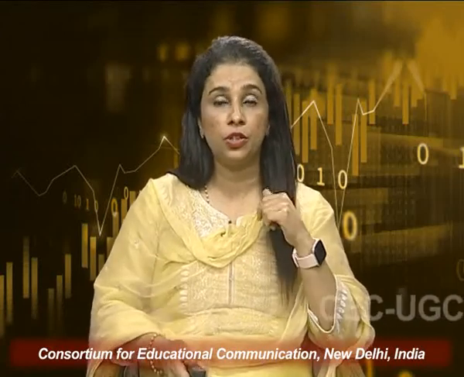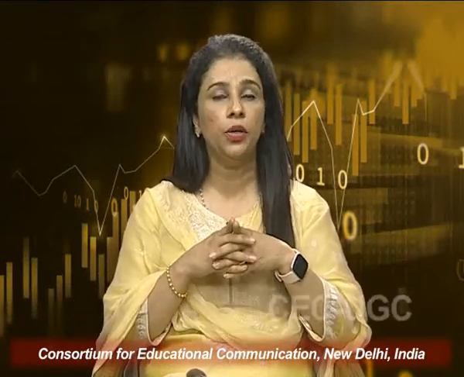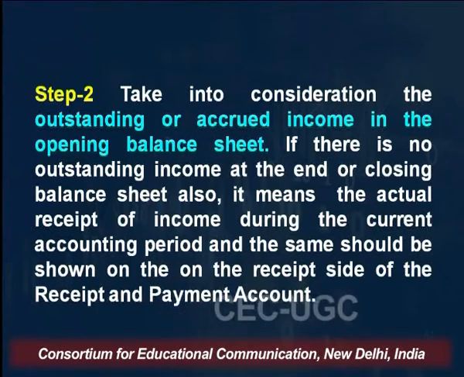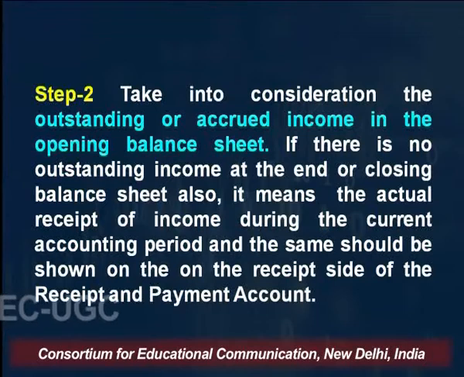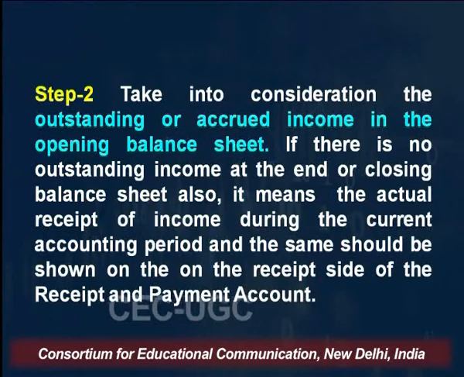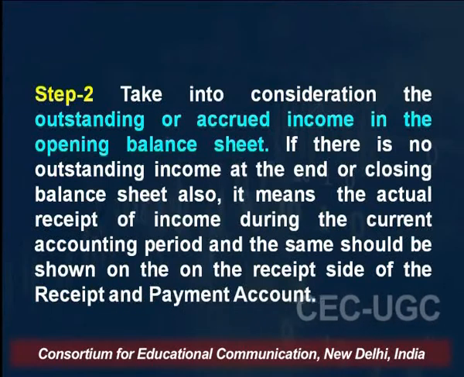The next step is to take into consideration the outstanding or accrued income in the opening balance sheet. We are going to discuss this opening and closing balance sheet in our upcoming lecture. So if in the opening balance sheet any accrued income is given and there is no outstanding income in the closing balance sheet, that means that income has been received, and it should be shown on the receipt side of the receipt and payment account.